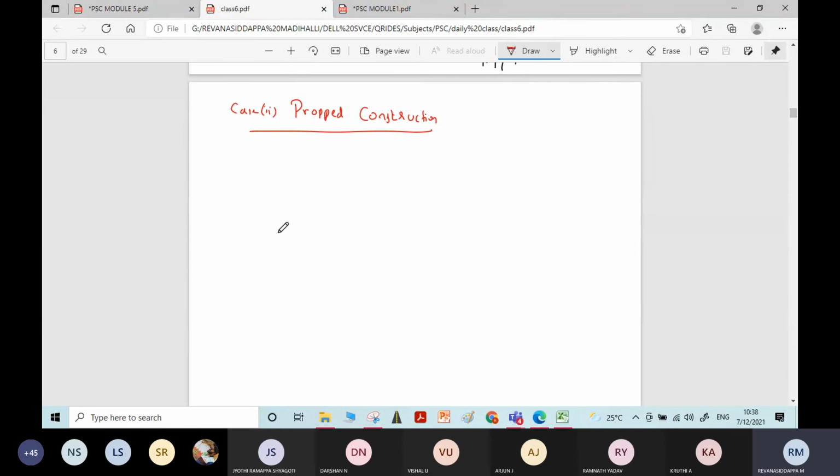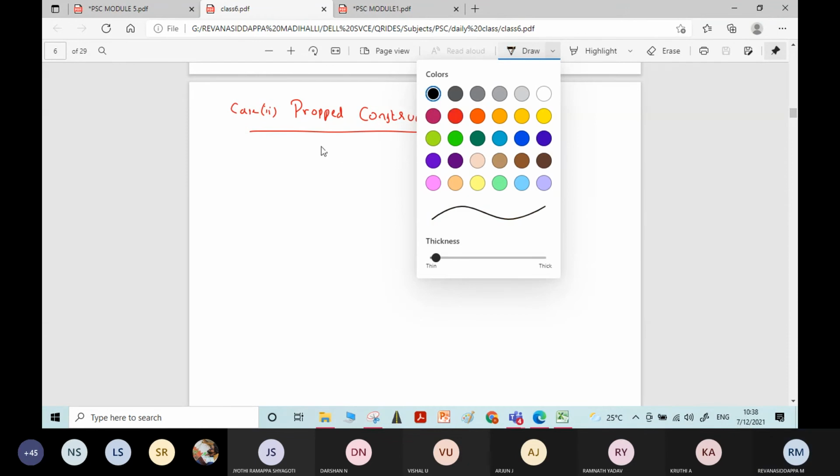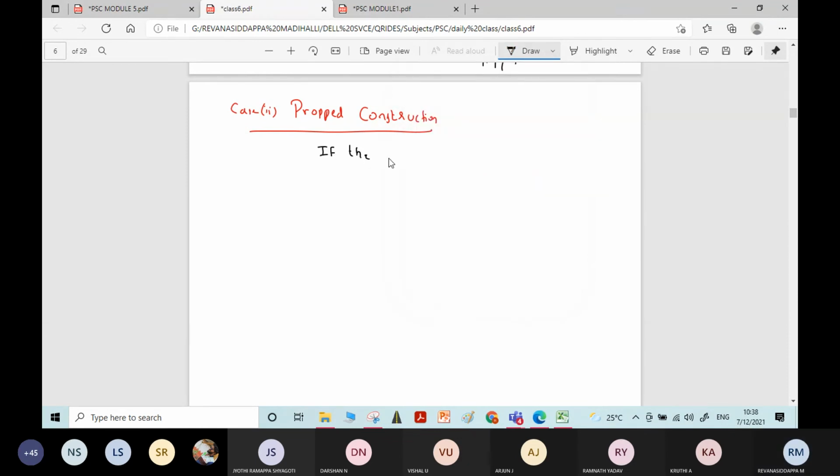Now below, write: if the pre-tensioned beam is propped, the self weight of the slab, this is calculation C. Write a side line: C, stresses due to self weight of slab.